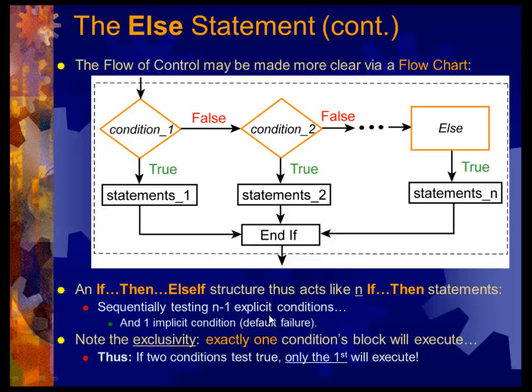Okay, I agree, I'm sorry, you could use the word explicit here. So, sequentially testing n minus 1 explicit conditions. Okay? So we're testing one after another, and finally we stop if one of them is true, otherwise we go all the way to the else statement and false. Any questions about this?